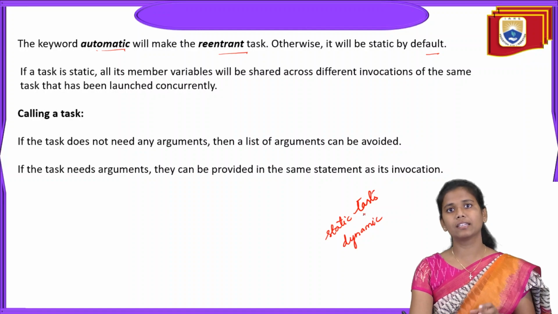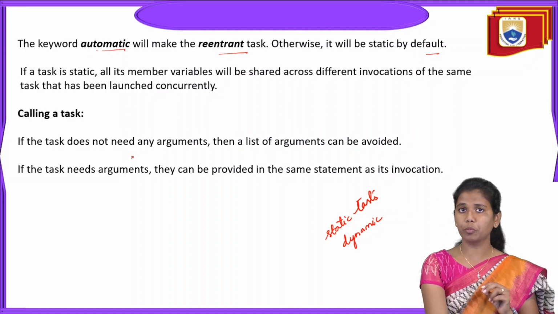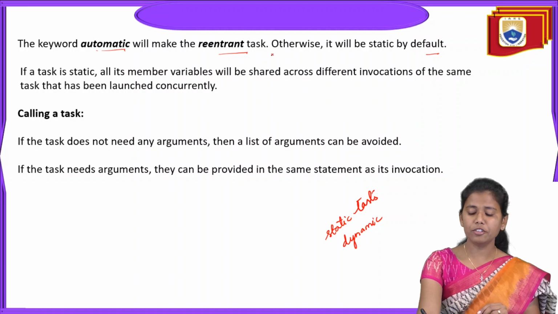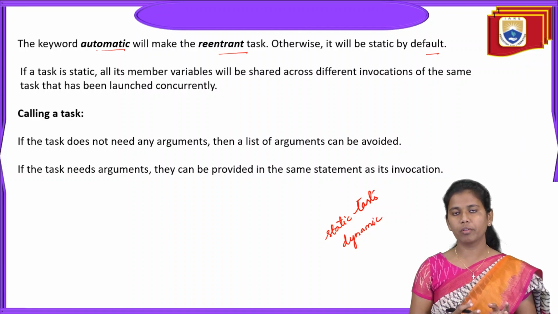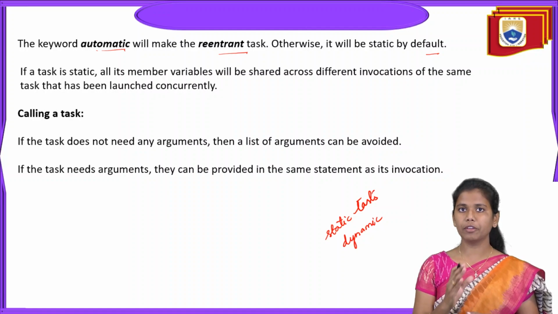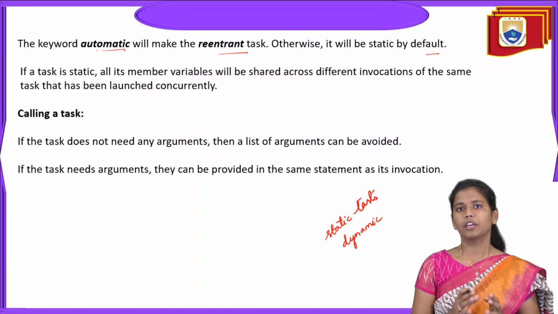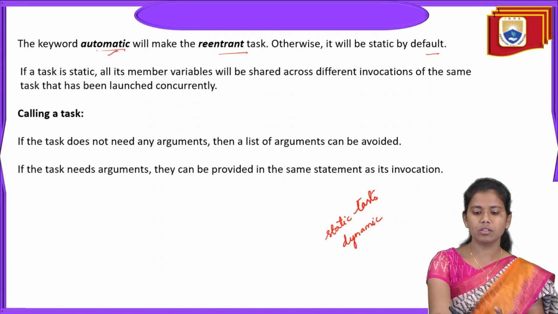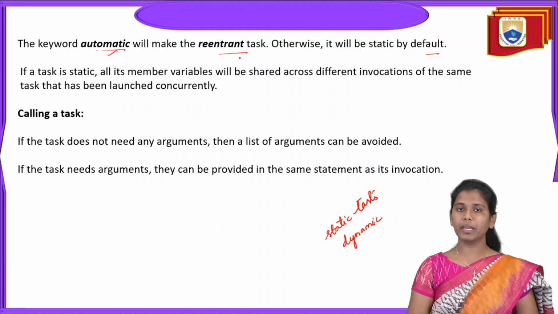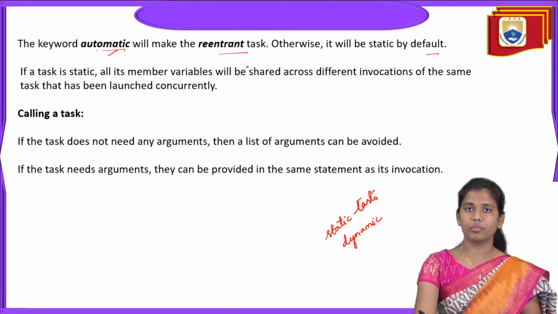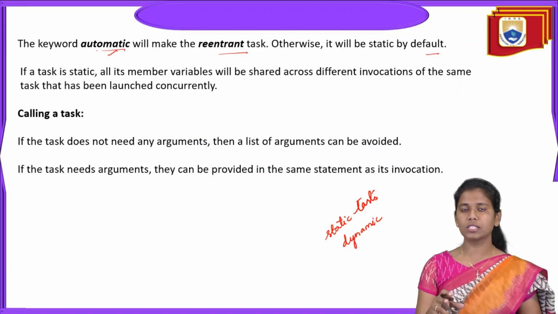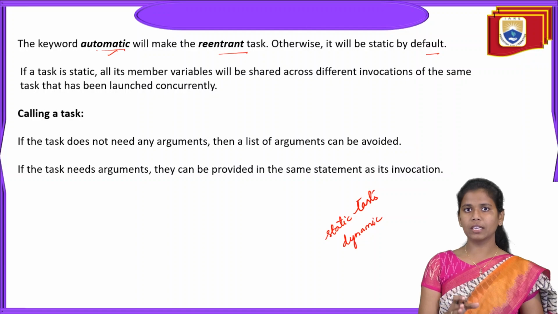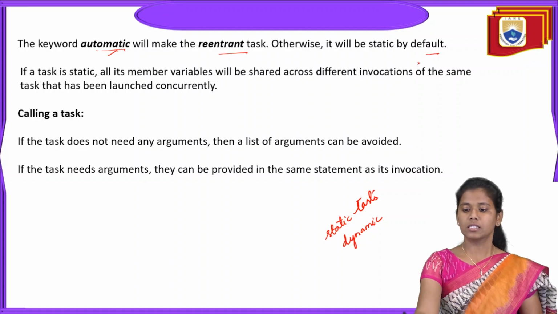The keyword automatic makes the task re-entrant, otherwise it is static by default. If you are writing your code with the automatic keyword, it will make a re-entrant task; otherwise the task is in a static position.